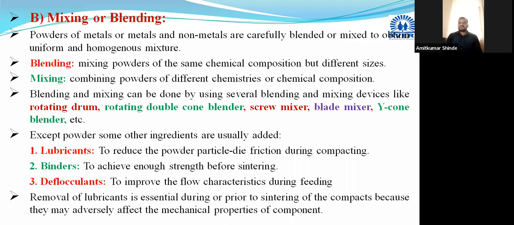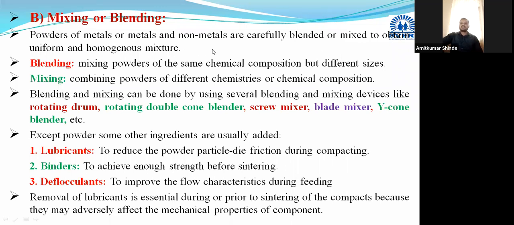Now, this is the second step in the powder metallurgy technique, mixing or blending.